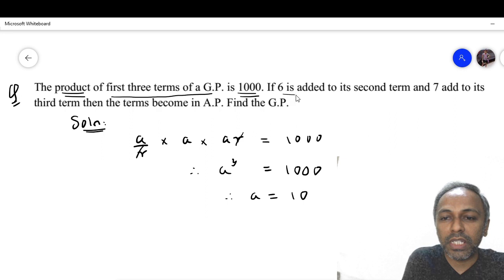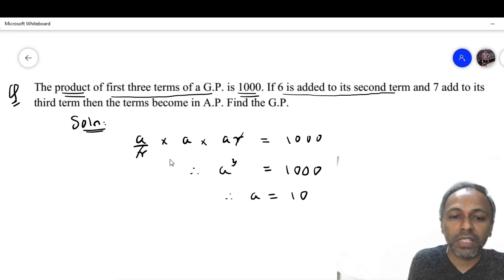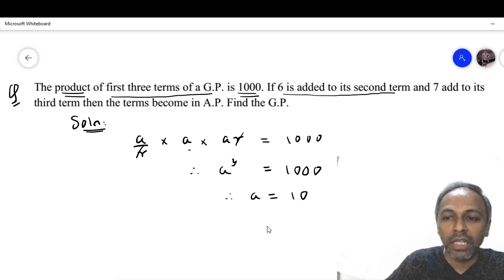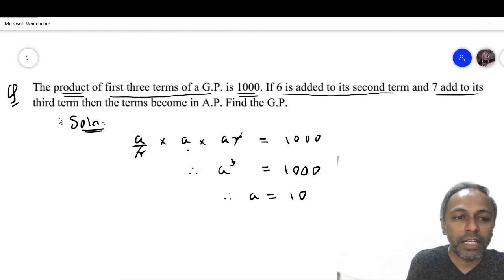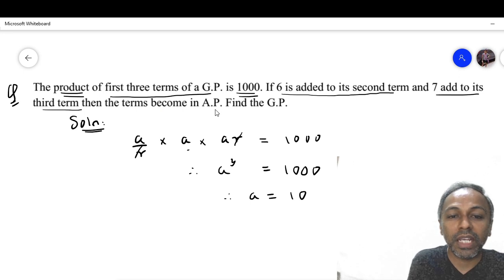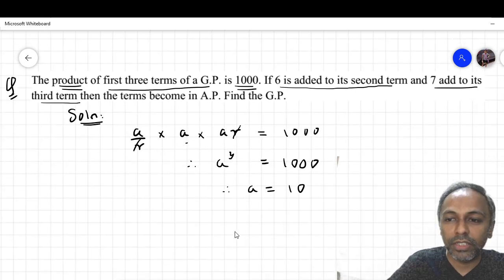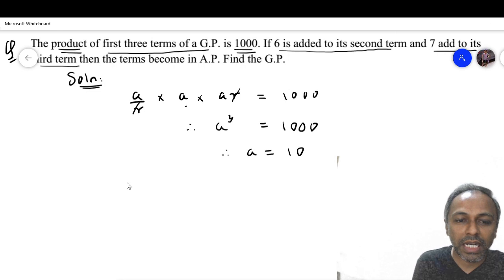Further they are saying if 6 is added to the second term, that was A here, and 7 is added to its third term, then the terms become in AP. Find the GP. So let's first add.